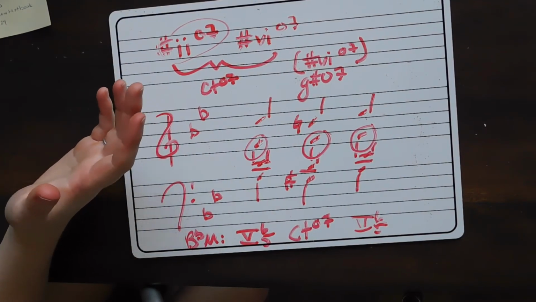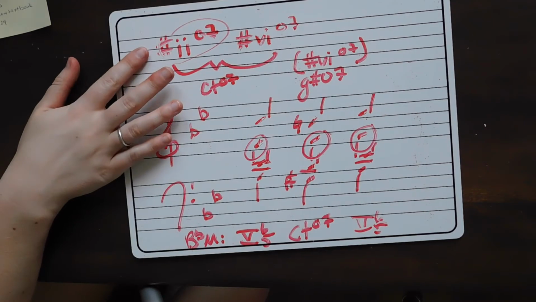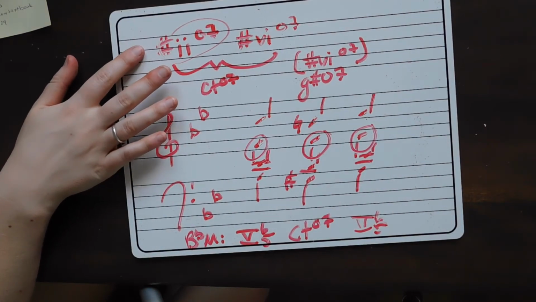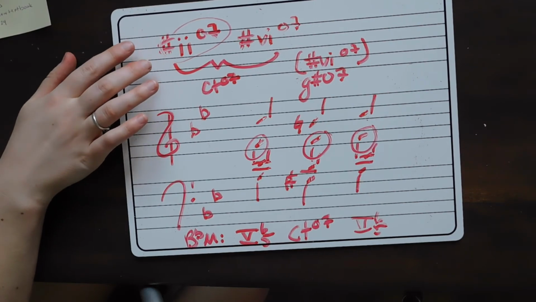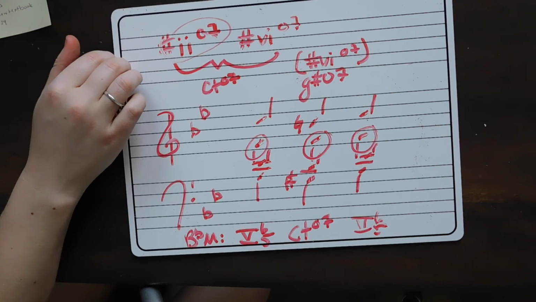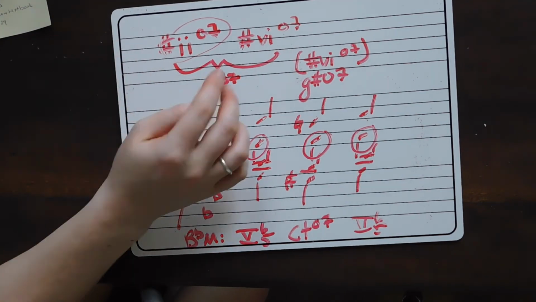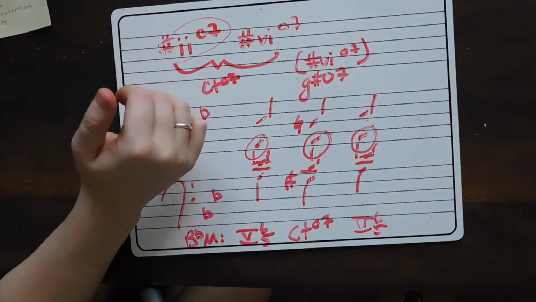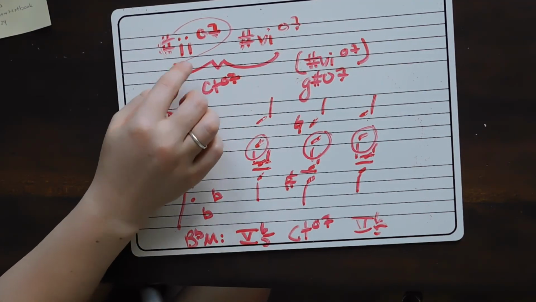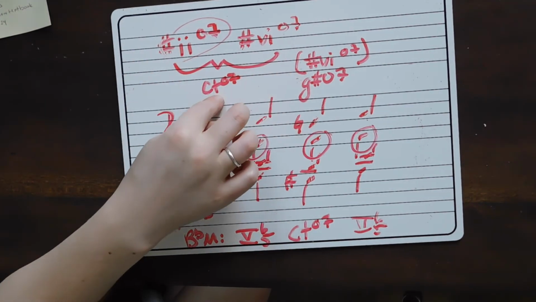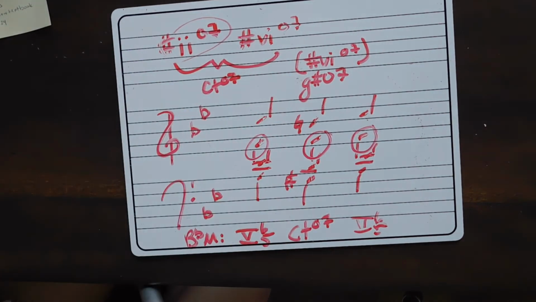If you see a fully diminished chord resolving to a 5 or a 1/6, I would try and push to analyzing that more as a 7 of 5 instead, because if it's a sharp 2 resolving to a 5, usually you can describe that as a 7 of 5. But if it's a sharp 2 resolving to a 1, you probably want to explain it more as a CT or common tone diminished 7th chord.